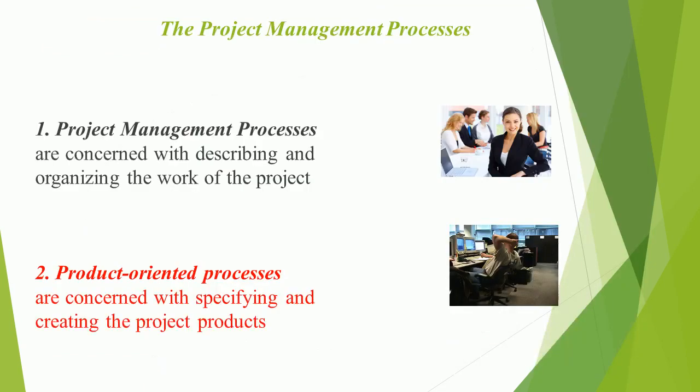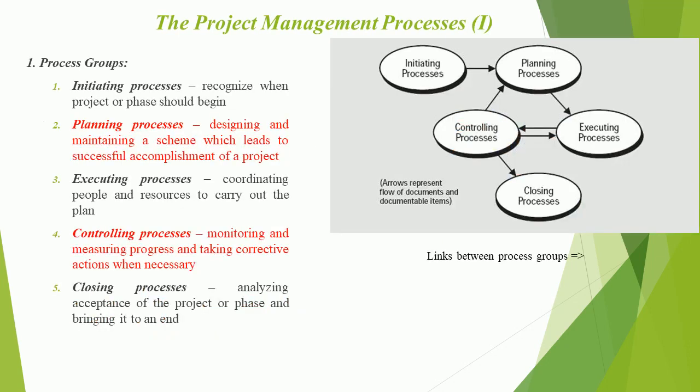1. Project management processes are concerned with describing and organizing the work of the project. 2. Product-oriented processes are concerned with specifying and creating the project products. 1. Process groups. Initiating processes, recognize when project or phase should begin.